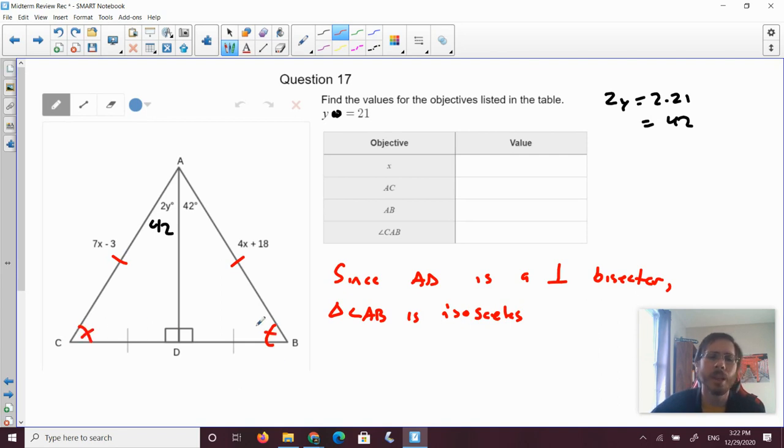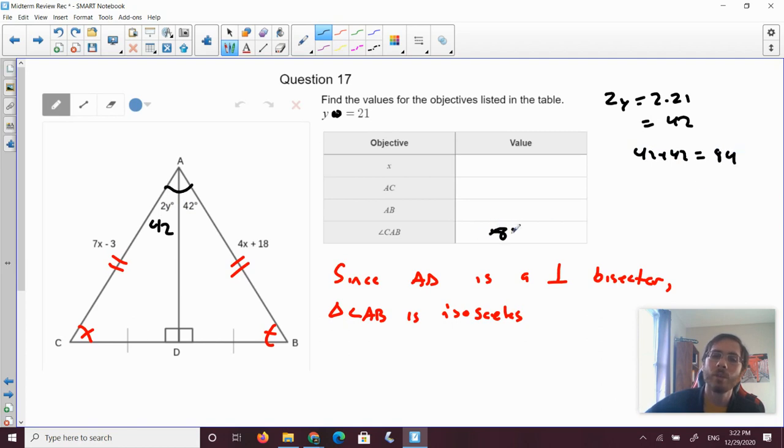I don't think we're going to use those angles at all, but we do know that those angles are the same. So I think that's going to give us all the tools that we need to solve this one. Now, if I look in my chart, angle CAB is one thing that I have to find. I may as well do that first, since that's going to be just some angle addition. I'm just going to add these two angles up to get the whole angle. So 42 plus 42 is going to be 84.